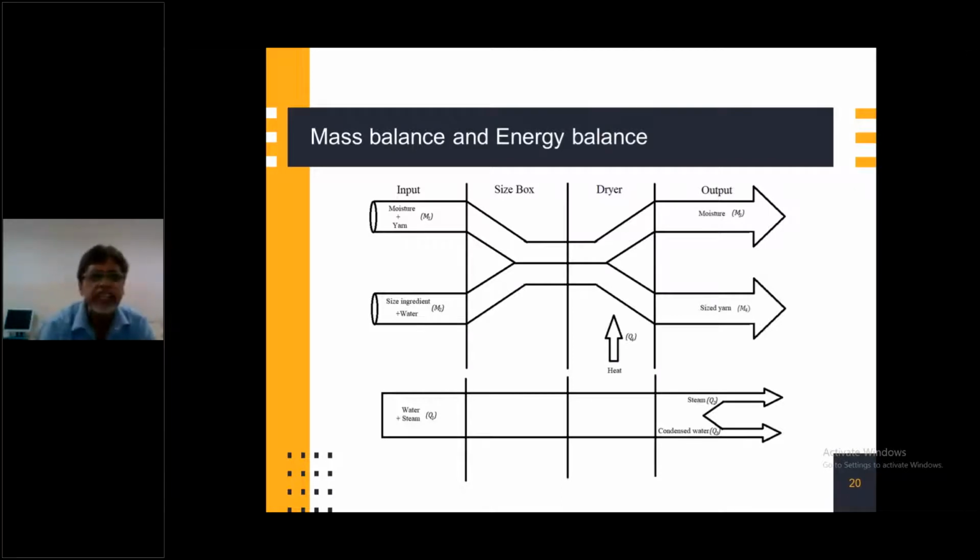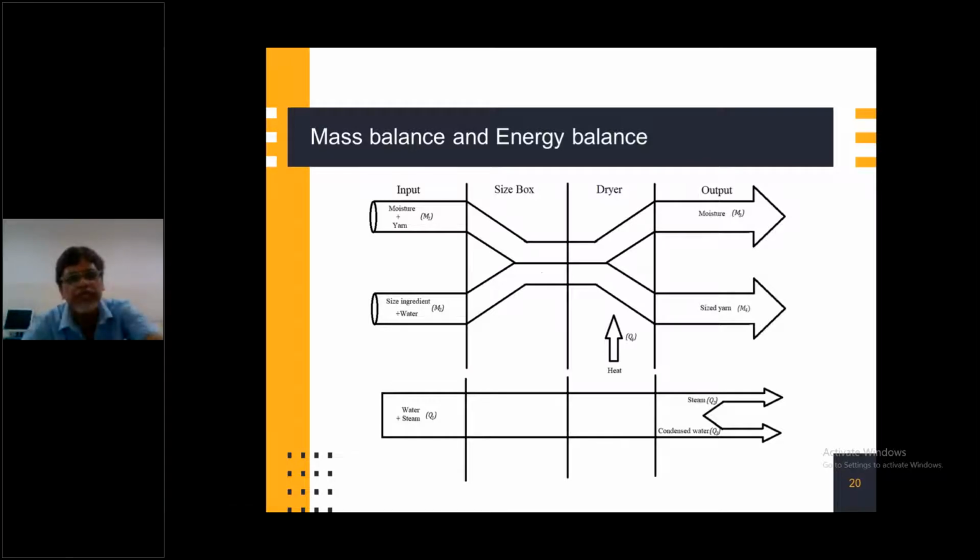As far as mass balance is concerned, the input is the yarn with moisture, and the other input is the sizing ingredient in the size box, and then it comes to the dryer. The outputs are the sized yarn and the moisture which comes out of the process. So it's a clear case of a mass balance condition.